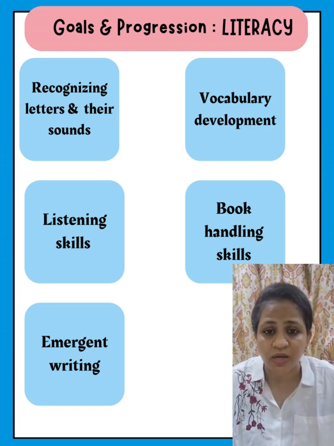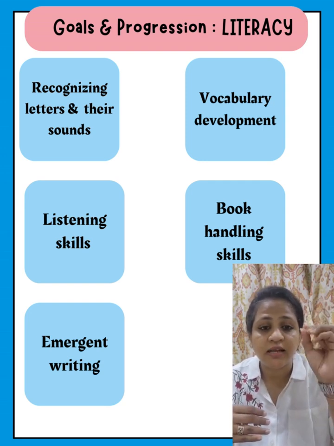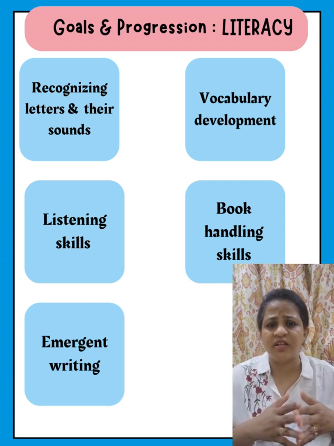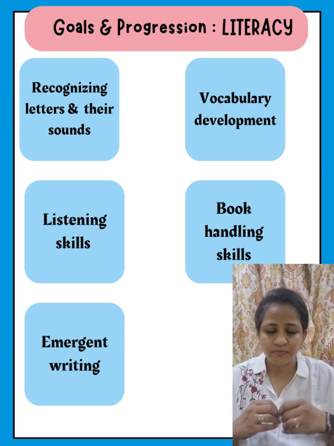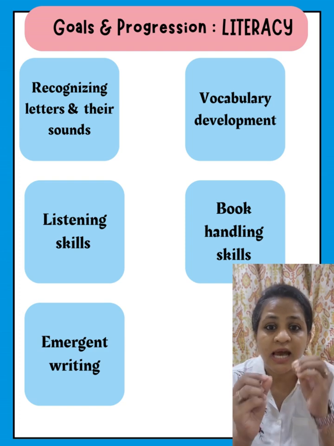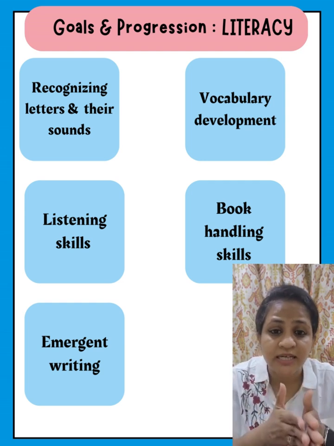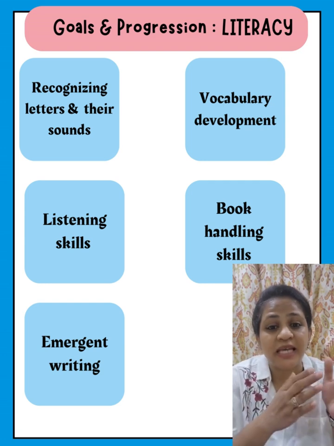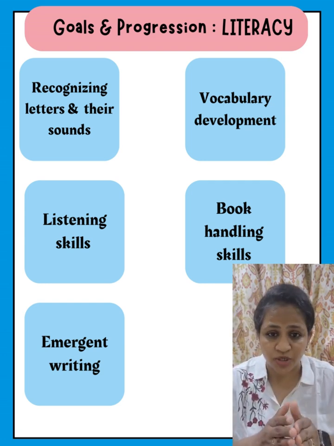Letters are everywhere around us: in a book, on a screen, on a board, on a hoarding outside the window, or on toys. The idea is for them to recognize these letters wherever they spot them, especially the letters in their names, so that it becomes easier for them to spell their names in future.